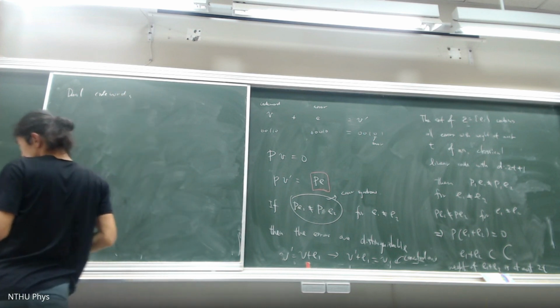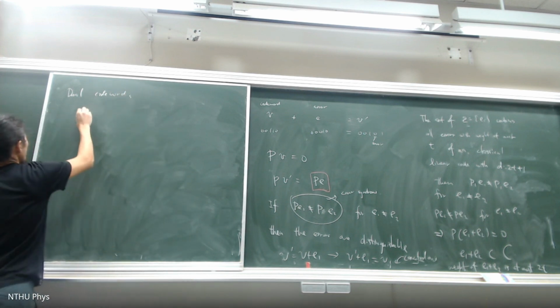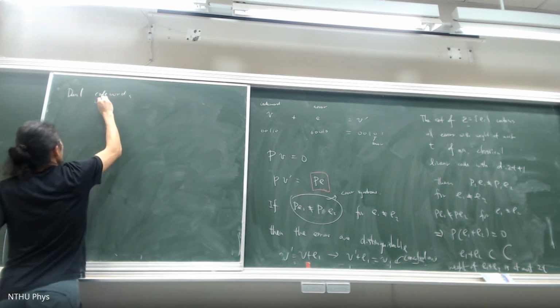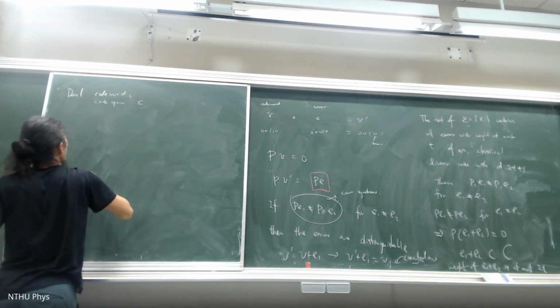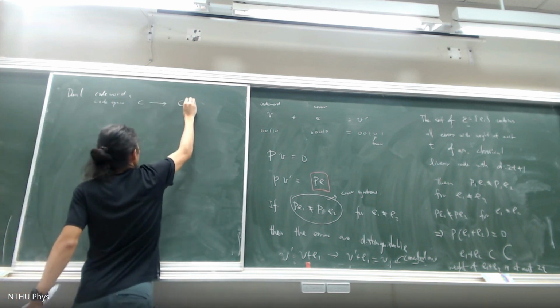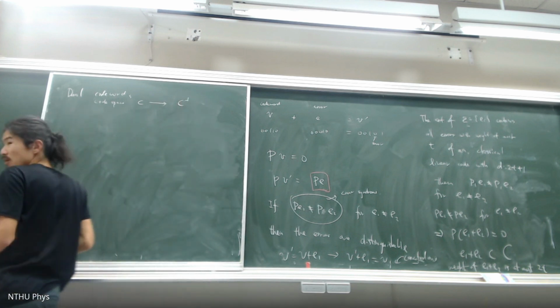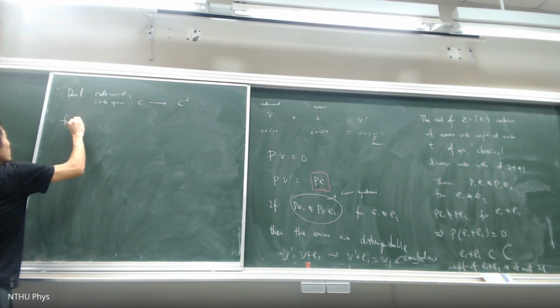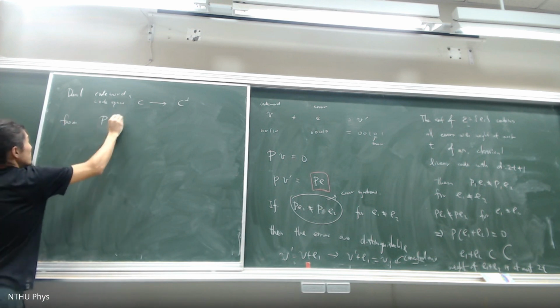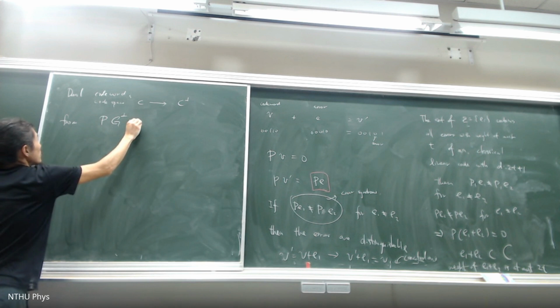What that means is I have a code space, and I can construct a dual code space C perpendicular in the following sense. So we have this kind of structure.